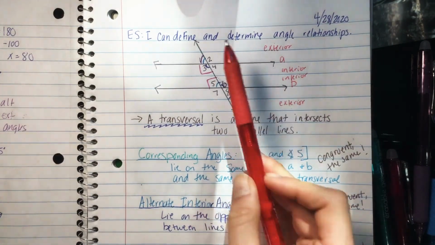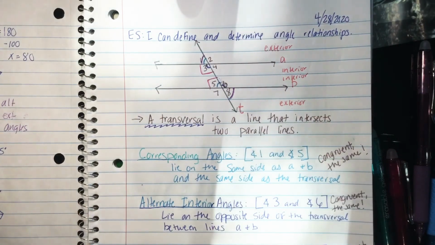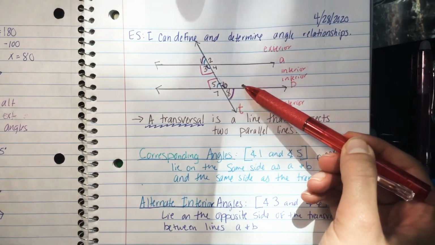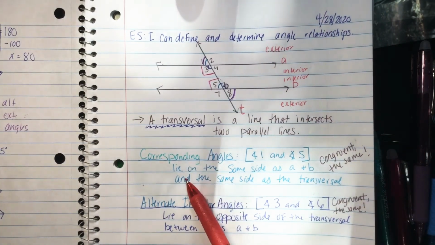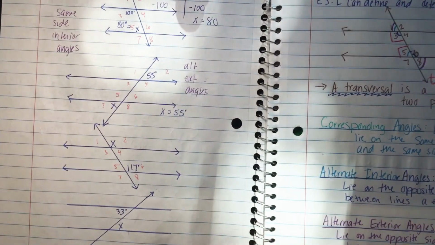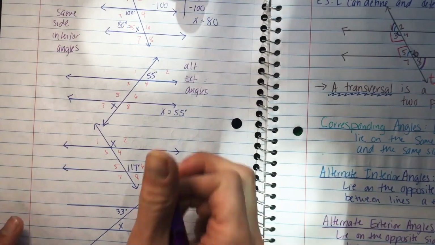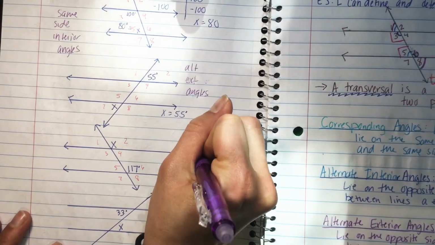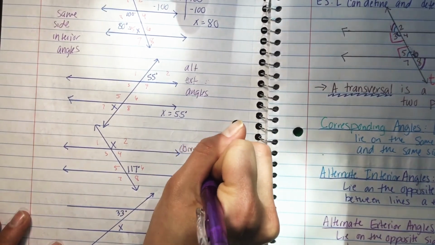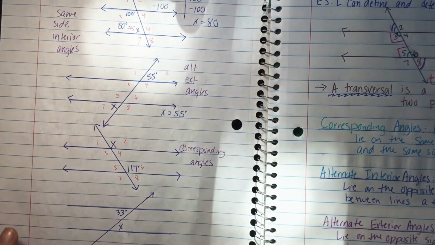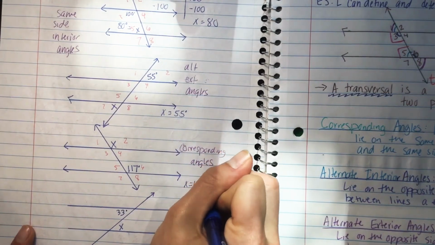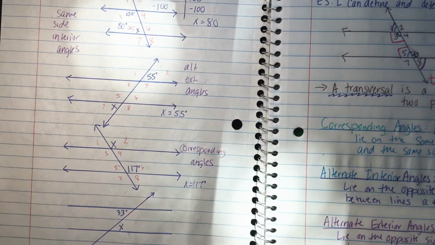They lie on the same side of the transversal, and they lie on the same side as A and B. So those are corresponding angles. Okay, so corresponding angles means that they're congruent. So these are corresponding angles, which means they are congruent, and therefore x would equal 117 degrees.